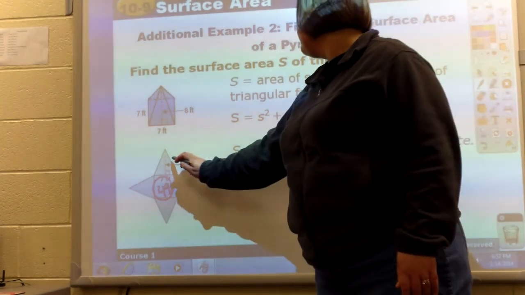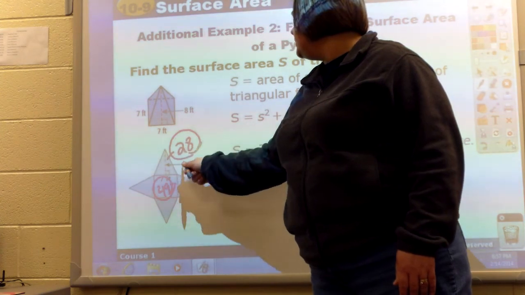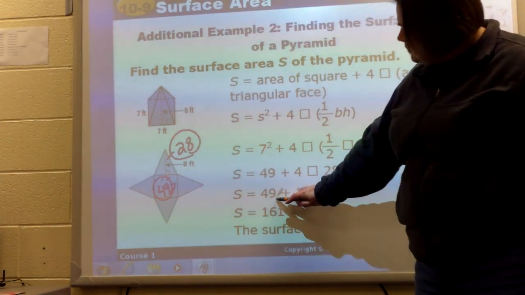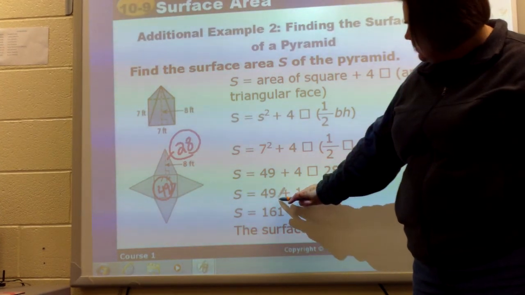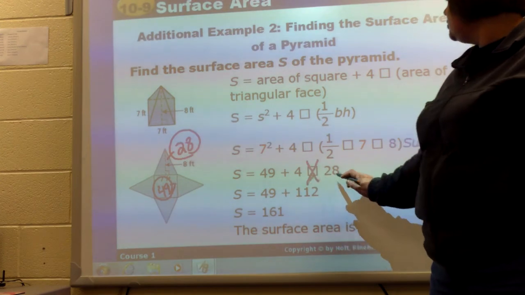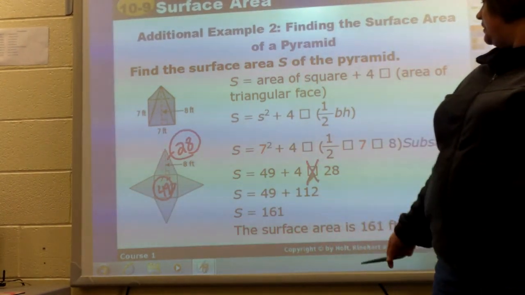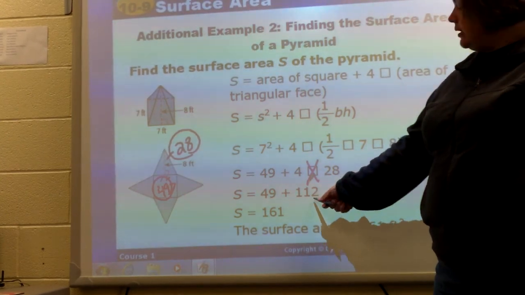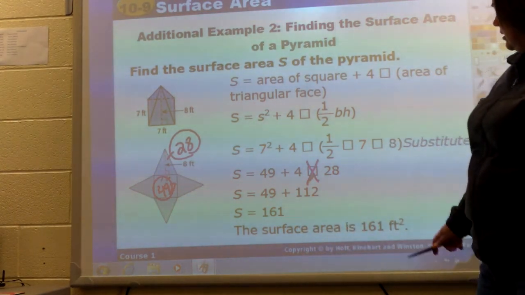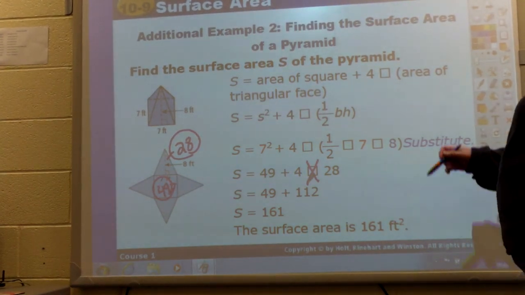So I have an area of 28 and an area of 49. So I have my 49, which is the base, plus 4 times 28, because I have 4 triangles. That gives you 112. 49 plus 112 is 161. So the area is 161 feet squared.